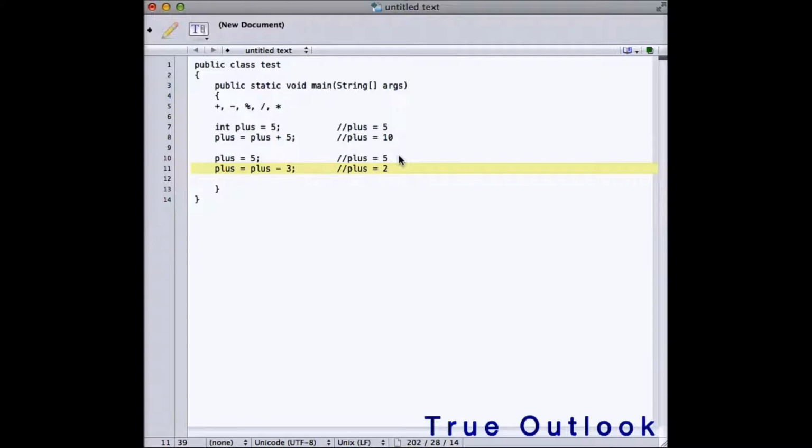Alright, and resetting the value again, I'll show you probably the most complicated one. This one's hardest to grasp. Plus is equal to plus percentage sign 2.